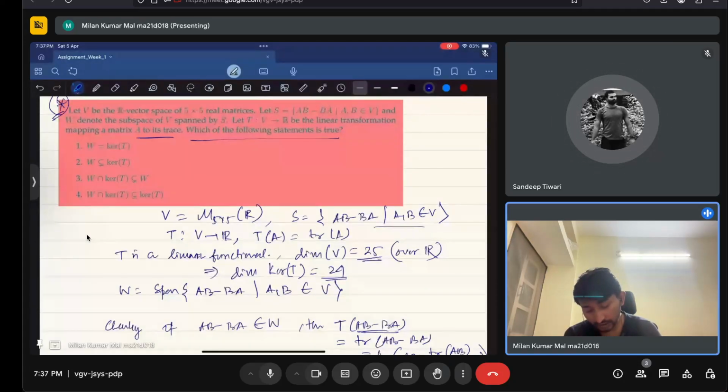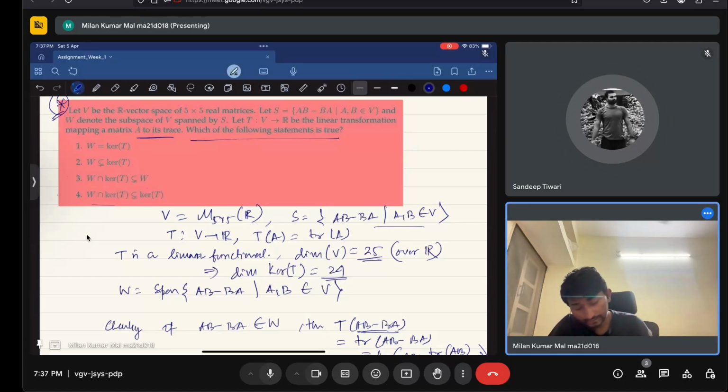Whether it is proper or not is yet to be decided. These two options are not necessary, because W is in the kernel, so we don't need to go into intersection and all these things. One of them will be correct, but that will be decided once we say whether it is proper or exact. Now, what is the dimension of the space W?